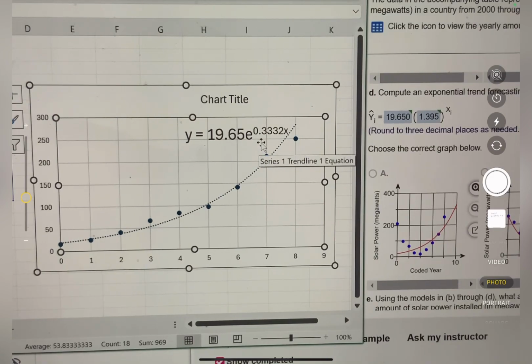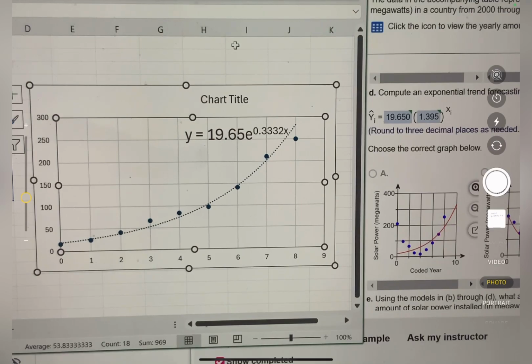You are turning your calculator on iPhone into the scientific calculator, typing 0.3332 and click the button e to power x, and you should get 1.395 times x. It's jumped up, looks like power, but it's not, it's multiplication, and you will get this expression.